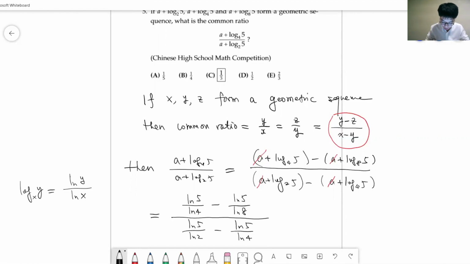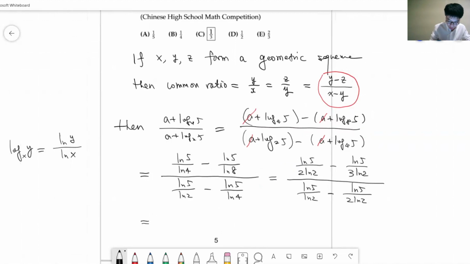Now we can combine this. Natural log 4 equals twice natural log 2, and natural log 8 equals 3 times natural log 2, because 8 is 2 cubed, and 4 is 2 squared. Here is natural log 5 over natural log 2 minus natural log 5 over twice natural log 2.